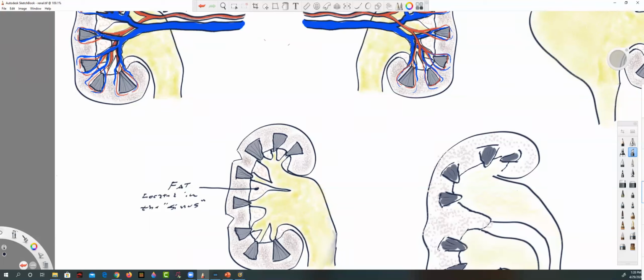It contains branches of the arteries and veins, the segmental branches. It contains the collecting system, which in this case we have the pelvis here. We'll basically just call this area the pelvis. So that's all in the sinus, the renal sinus.